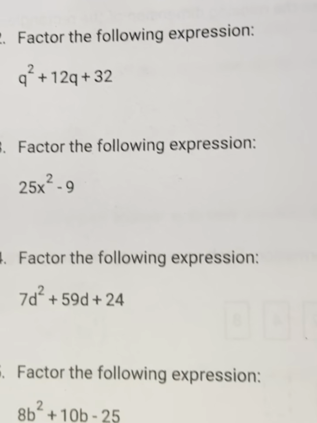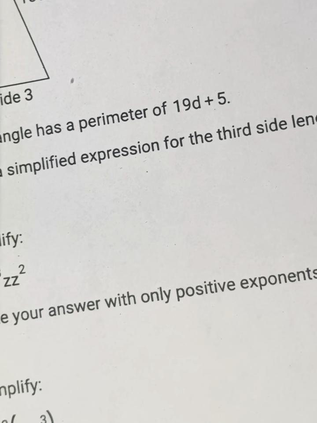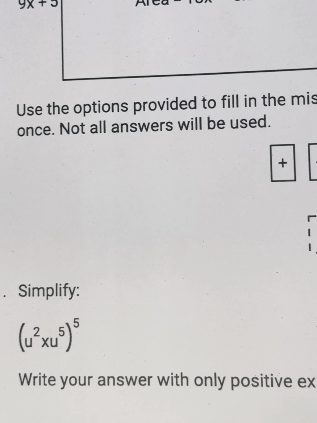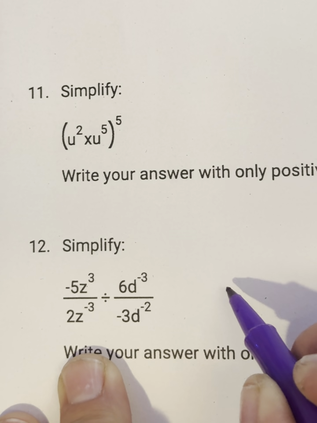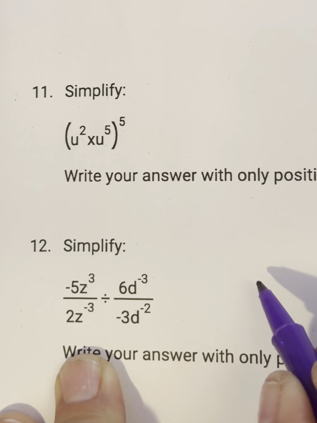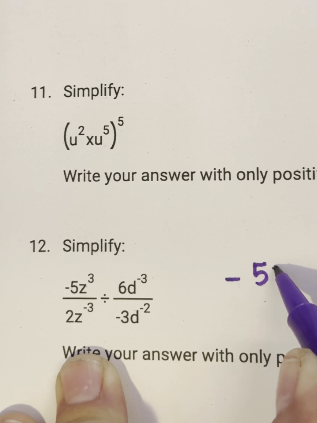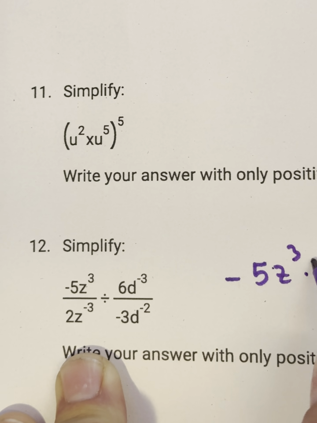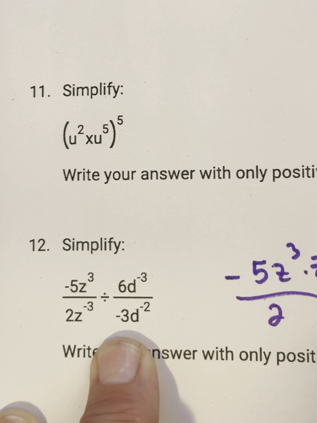Let's see, and I also didn't get 6 done either. Yep. So let's do number 12 again, and then I'll go back and do 6. I knew I should have had a multiplication. So 12 again. So I'm gonna leave it as it is. Actually move that one up. So negative 5 z to the third and another z to the third over 2 times, and just flip them.